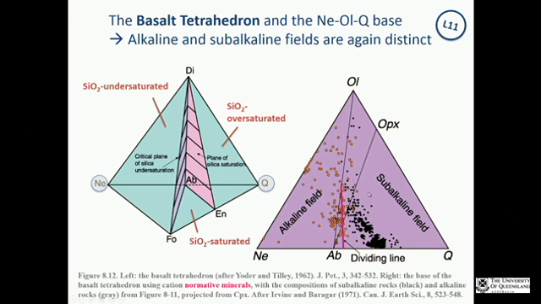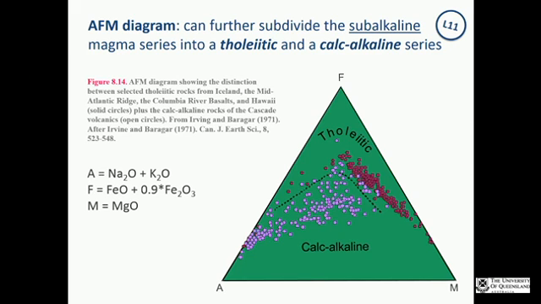And we have alkaline to the left and subalkaline to the right, but we can divide the subalkaline, as we've seen, into calcalkaline or tholeiitic, depending basically on the iron content. Now be very careful with the AFM diagram, which is not similar to the ACF in metamorphic rocks, and that's a bit confusing. So check what the three end members are in each of them and what they mean in the two different environments.